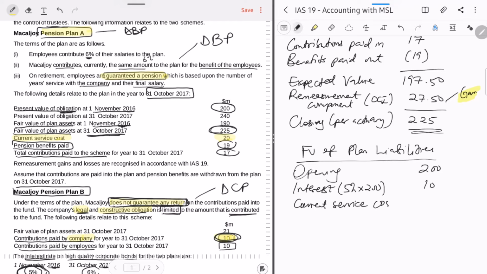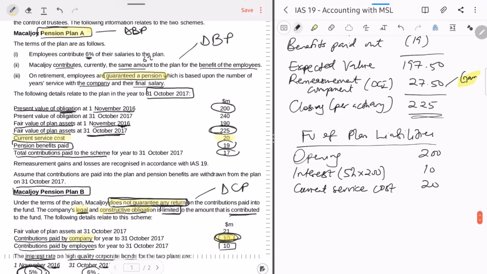So just add what you have. Current service cost is 20. Then what do you remember I said the next thing you deduct is what? Benefits paid out. Once again, is this figure here? Pension benefits paid of what? 19, right? So you deduct 19.